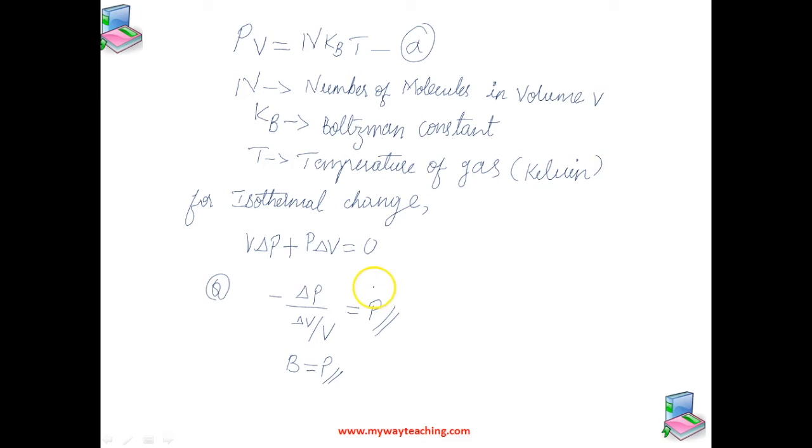Okay, and the speed of the longitudinal wave in an ideal gas is given by v is equal to square root of P by rho. Here we have substituted B is equal to P, and this relation was first given by Newton. So we call this Newton's formula.